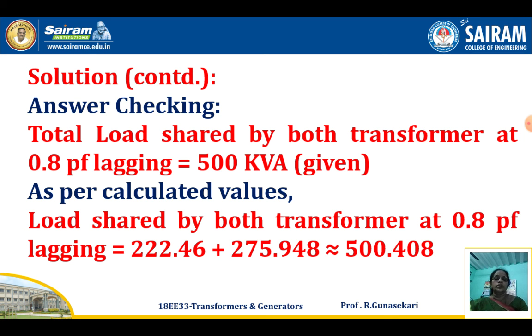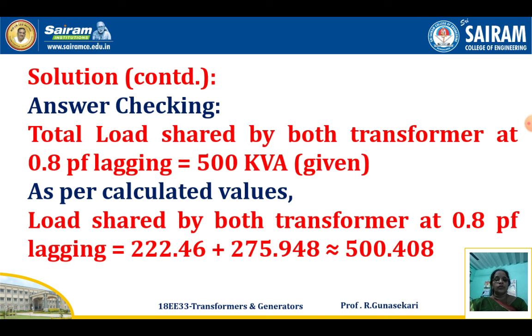So the total shared load is 500 kVA, which is given in the problem only, but we calculated the value based on the given data. So S1 plus S2 is equal to S only.